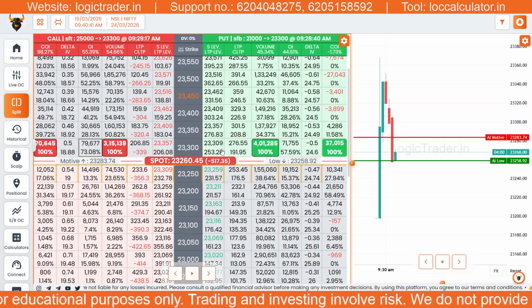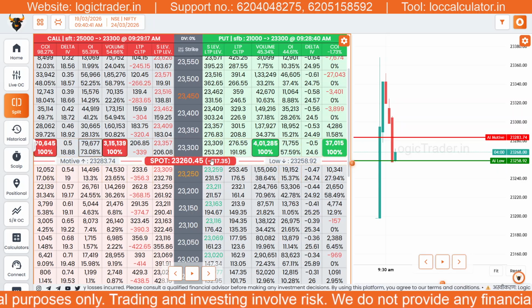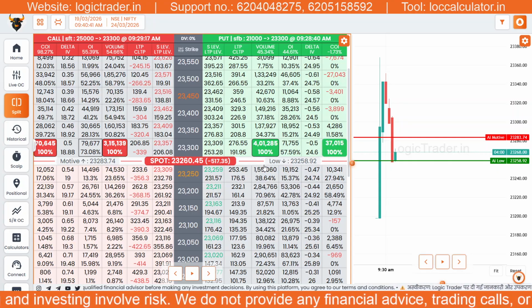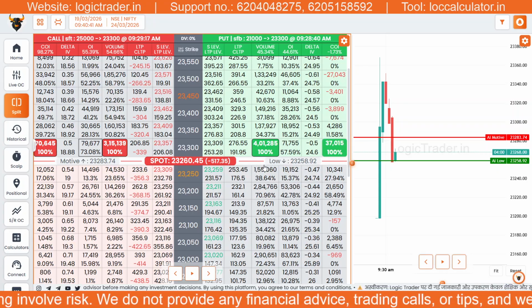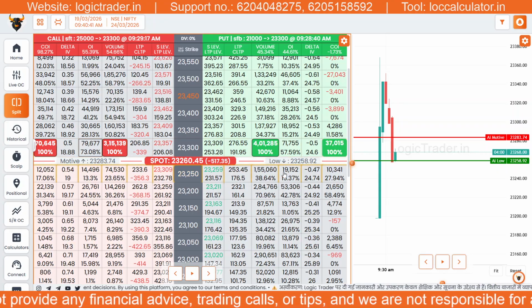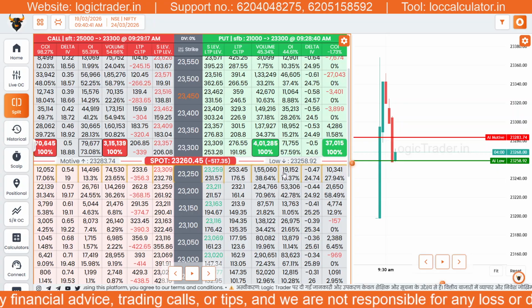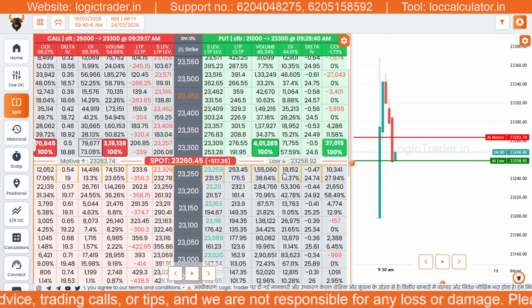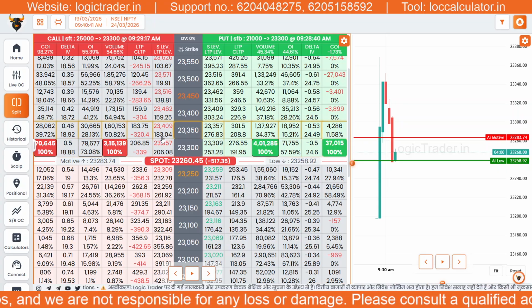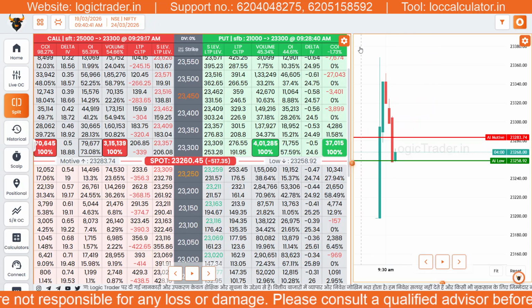In such situations, we should avoid taking any trades. As discussed earlier, we only consider a signal when it remains stable for at least 3 minutes. So until we see that stability in the Motive, we simply wait and observe rather than entering the market prematurely.